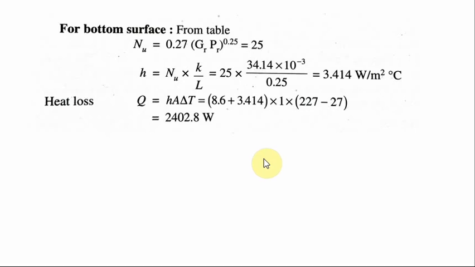Hence the total heat transfer is H A delta T, where H is the total convection heat transfer coefficient, which will be the previous top surface H plus bottom surface H, which is equal to 8.6 plus 3.414, into area, which is the area of cross section of the square plate, 1 meter by 1 meter, and delta T is the surface temperature minus ambient temperature.